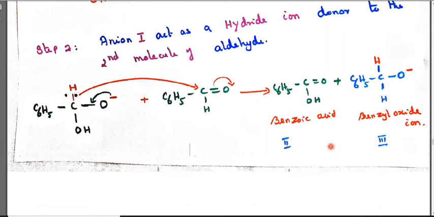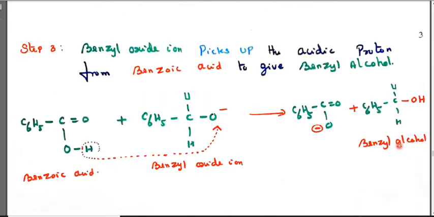In step 3, I take both structure 2 and structure 3. The benzyl oxide ion picks up the acidic proton from benzoic acid to give benzyl alcohol. This is the benzyl oxide ion; it picks up the acidic proton from benzoic acid. It transfers immediately and becomes benzyl alcohol.